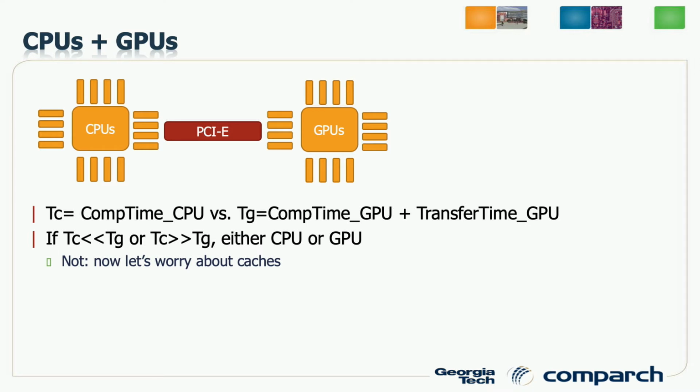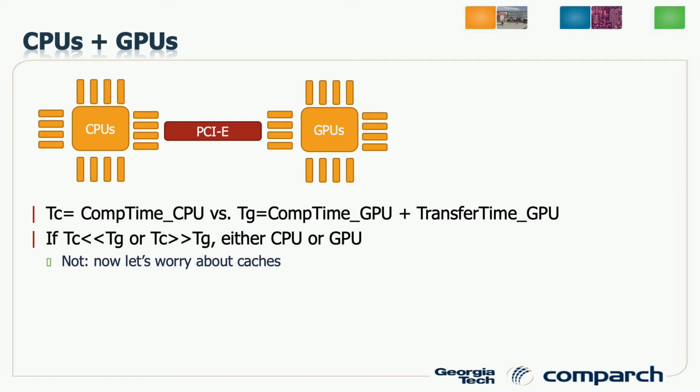First of all, what we did was consider the performance time, the differences between the compute time on CPUs and the compute time on GPUs, and then consider the transfer time of the GPU. In this CPU plus GPU model, we use a PCI Express bus, so by just estimating working set sizes, we can estimate transfer time fairly easily by considering the bandwidth of the PCI Express bus.